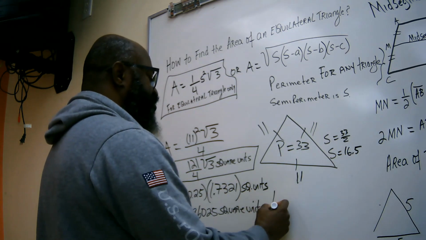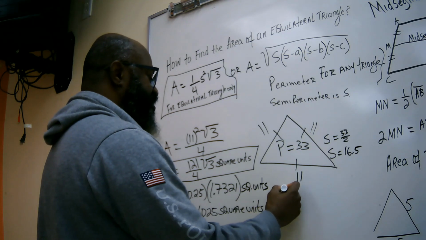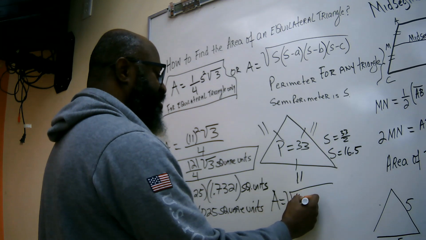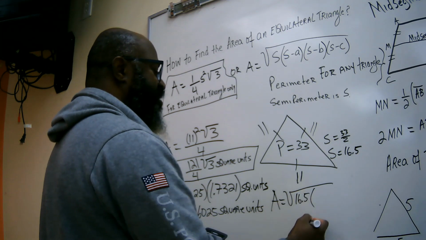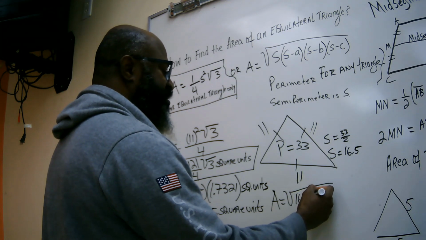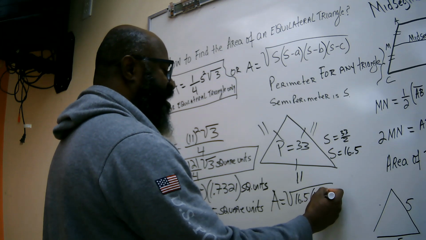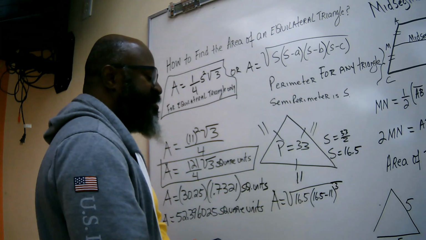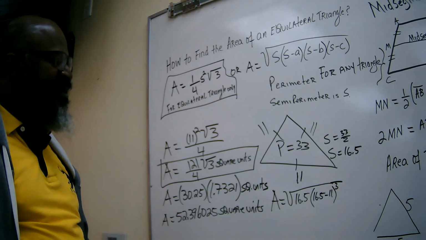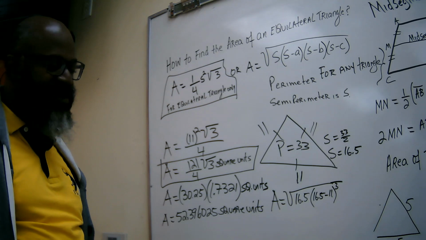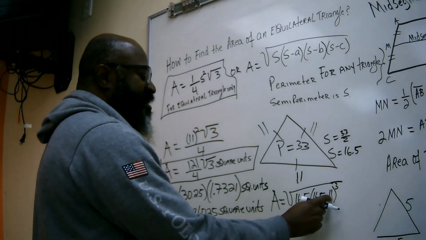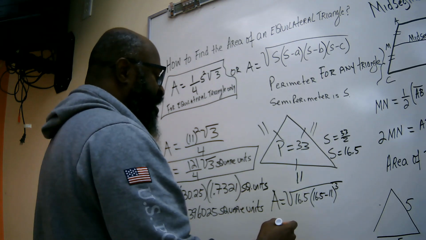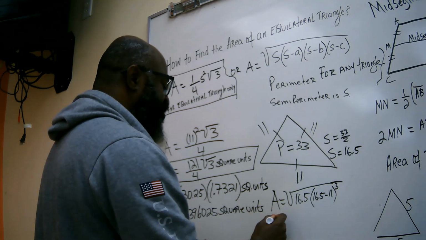Then we're going to use it in the Heron's formula, which is square root of s, which is 16.5, times 16.5 minus 11. Then you raise it to the third power, since this is an equilateral triangle. If it's not an equilateral triangle, you don't have to raise it to the third power. You will have the same thing multiplied by each side, because each side is going to be different.